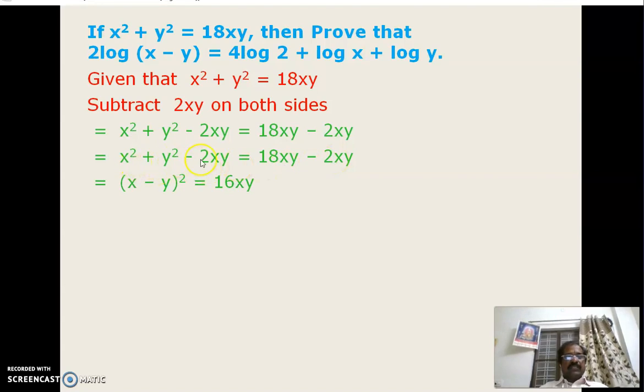So this is a minus b whole square form. x minus y whole square is equal to 18xy minus 2xy, 18 minus 2 is 16xy. So apply log on both sides.